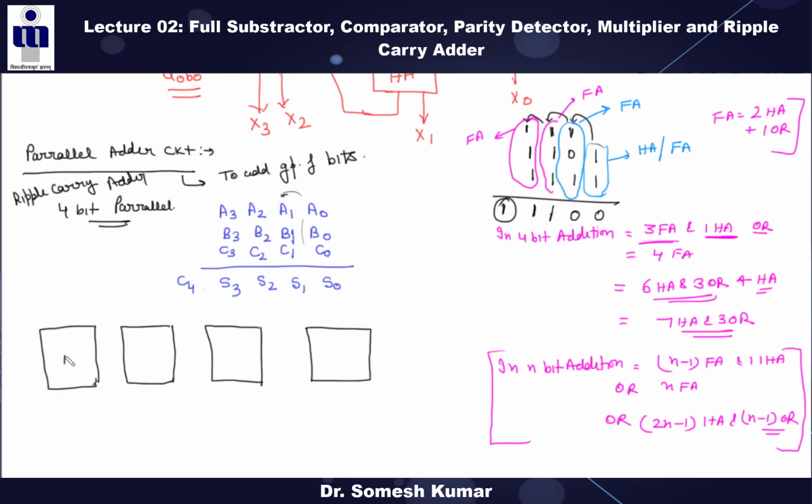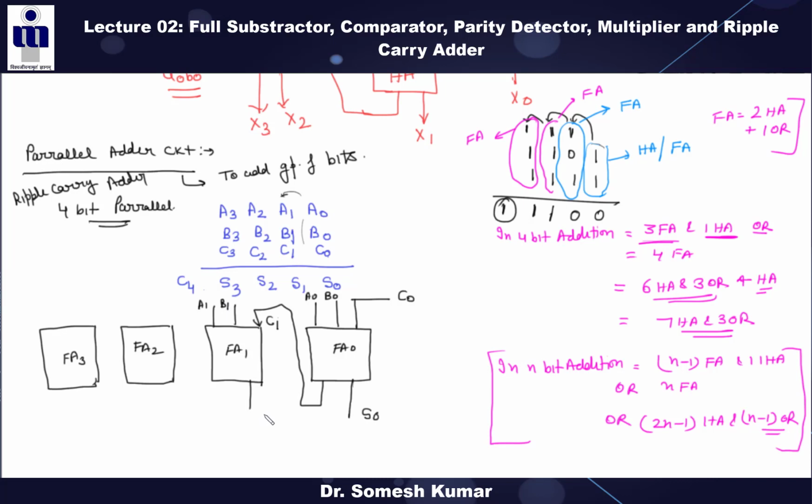These are your 4 full adders. So what are the inputs of this first full adder? Inputs are A0, B0, and C0, right? And what is the output? Output of this first full adder is S0, and the carry is C1, right? And C1 is given to the next. This is the C1 carry from this, right? And next inputs are A1, B1.